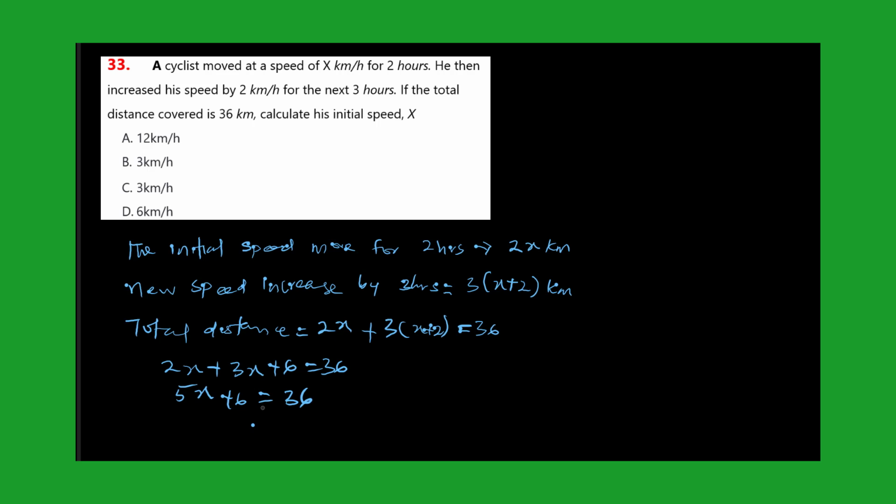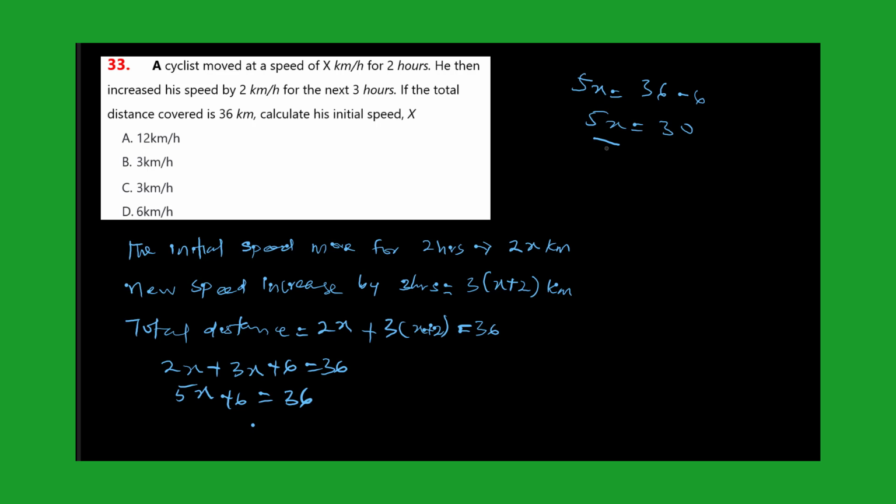Now let's find the value of s by writing in like terms. So 5s equals 36 minus 6. 5s equals 30.